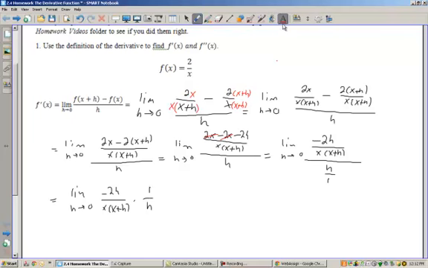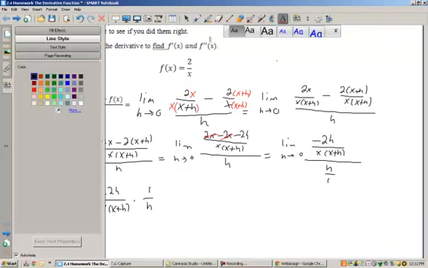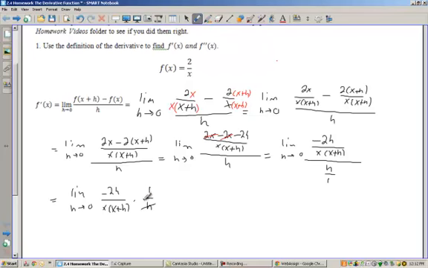Again, what we're going to get here is that the h's cancel, and then this is equal to the limit as h goes to 0 of minus 2 over x plus h.